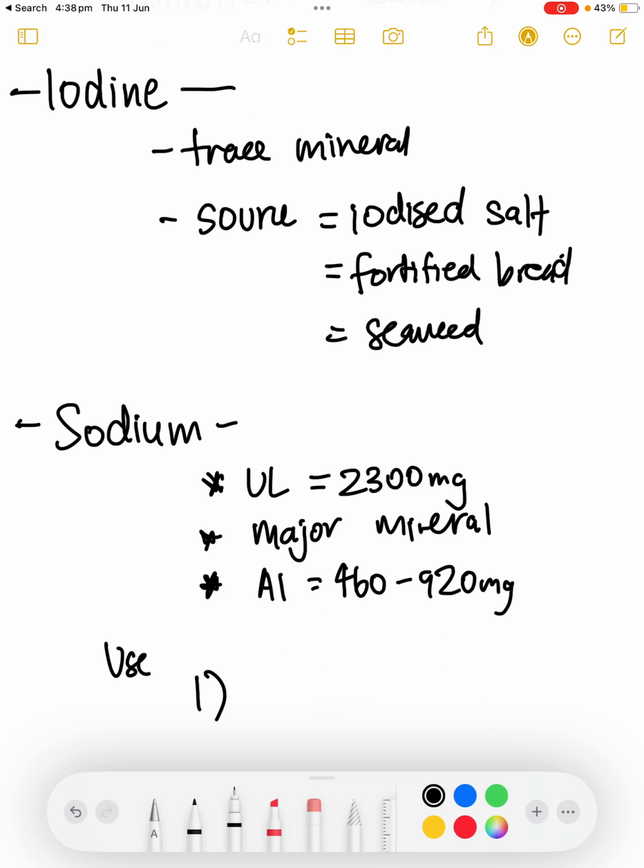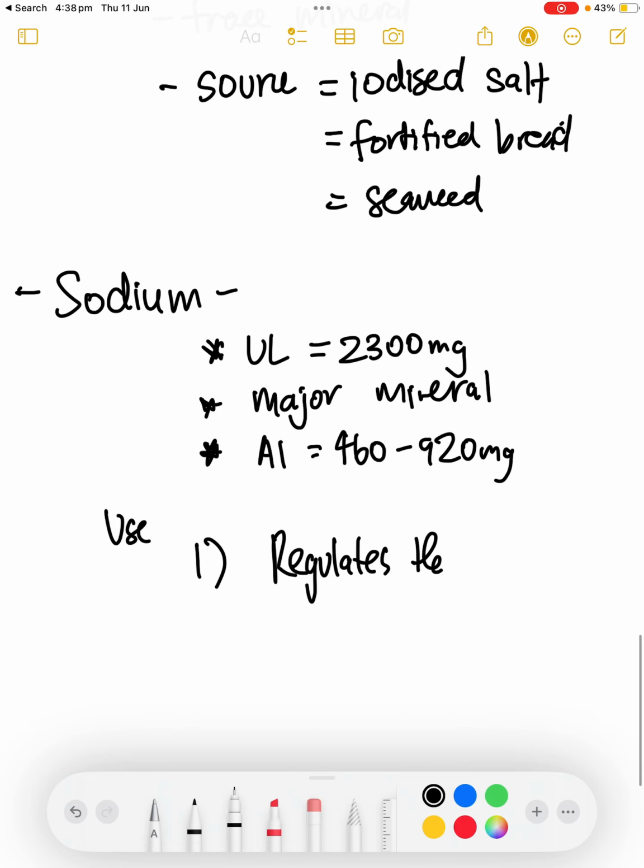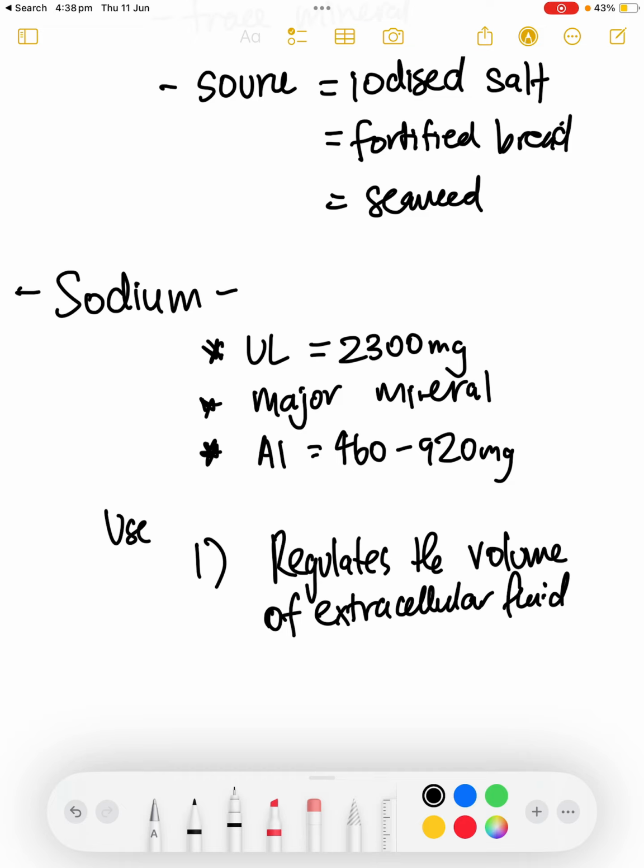Number one is it regulates the volume of extracellular fluid. And it does this as sodium sits mainly in the extracellular fluid, or the body fluid outside cells, and that includes blood.